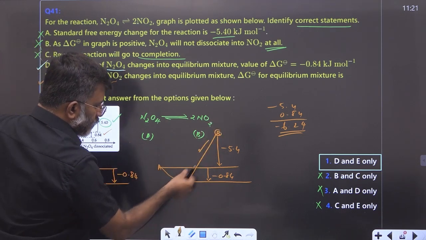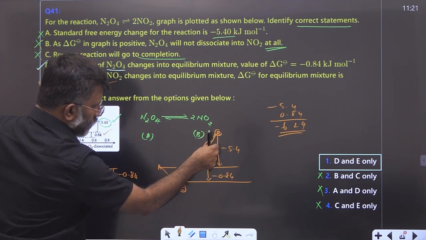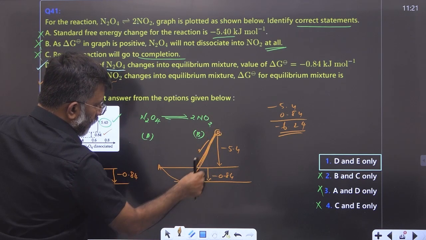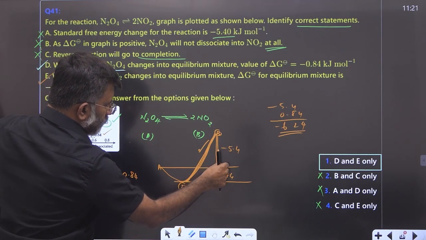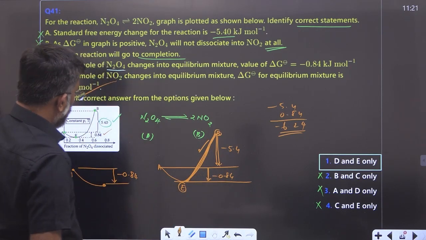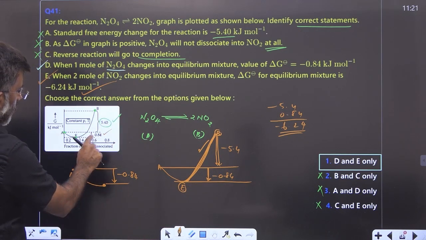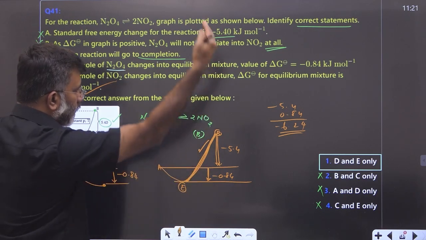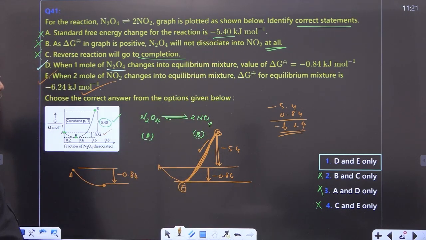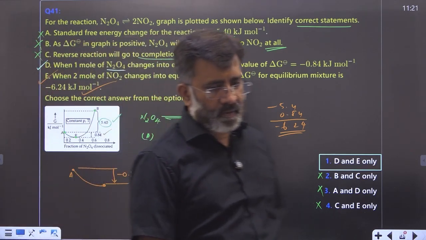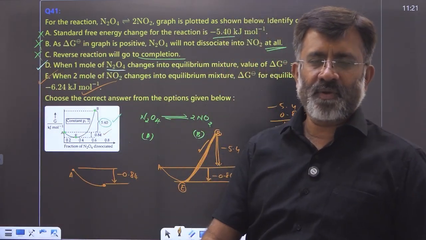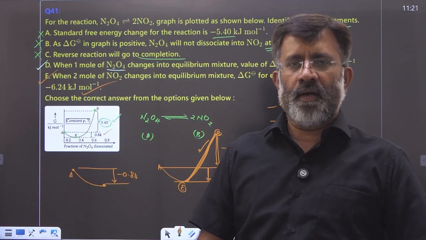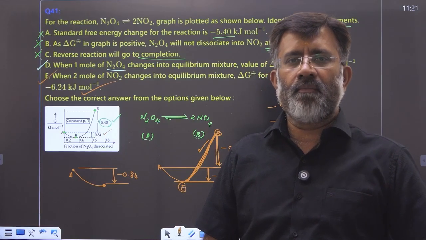When B comes to equilibrium, this much it travels, right? So it will be this much plus this much. And this is 5.4 and this is 0.84. So it will be decreasing by minus 6.24. That is also a perfect statement. Okay, a conceptual question asked on a graphical model.